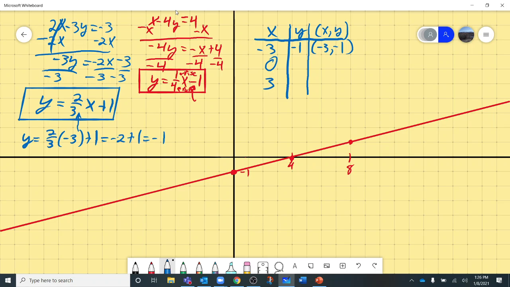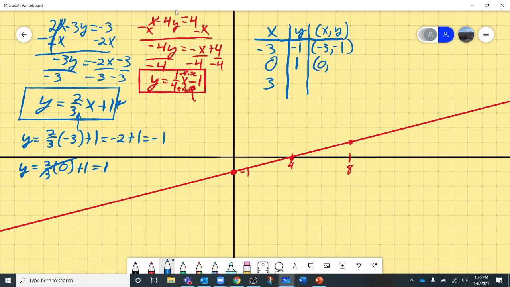When it's 0, that's probably the easiest one. Y equals 2/3 times 0. That's going to just cancel out, plus 1. So y just equals 1. And you'll notice that that's our y-intercept. That's the definition of the y-intercept, is when x equals 0, what does y equal?